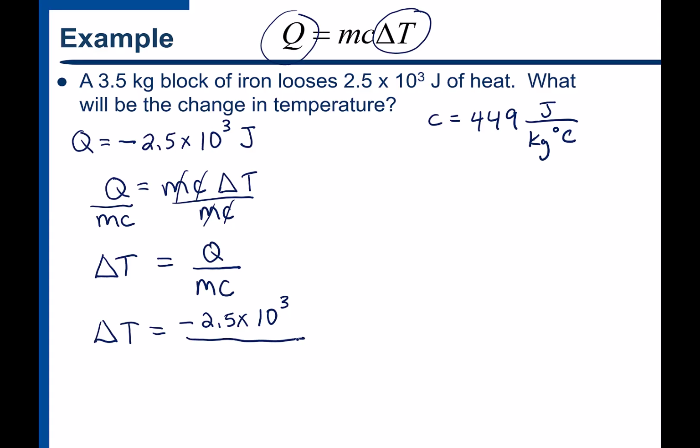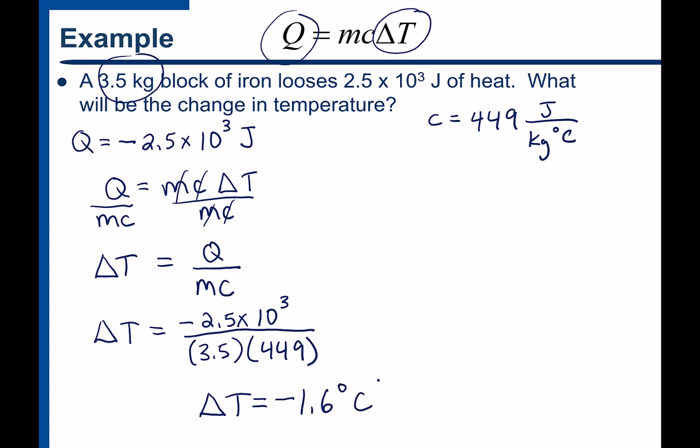So again, I'm calling that the amount of heat negative because it's losing that amount of heat, divided by the mass, which is 3.5 kilograms, which we have up here, and then divided by the specific heat for iron, which is 449 joules per kilogram degree C. If you work that out on your calculator, you should get that delta T is equal to negative 1.6 degrees Celsius. So our object lost 1.6 degrees.